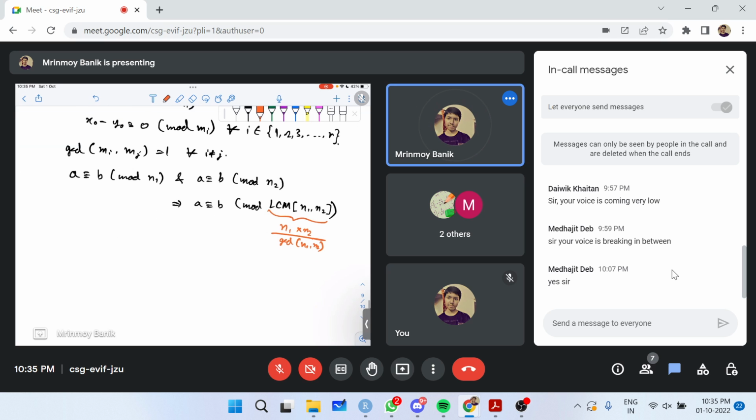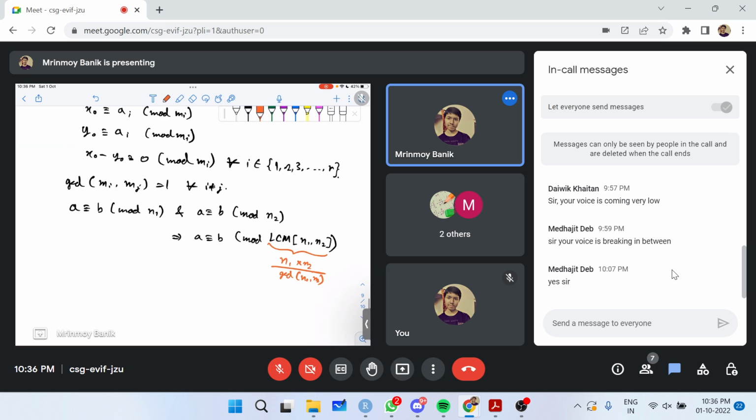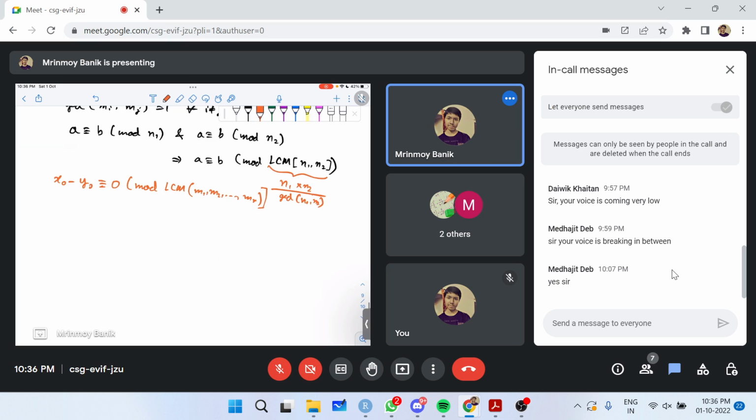Right, so that means x naught minus y naught is congruent to 0 mod the LCM of n1, n2 and so on. And since they're co-prime, the LCM is their product, which is n.